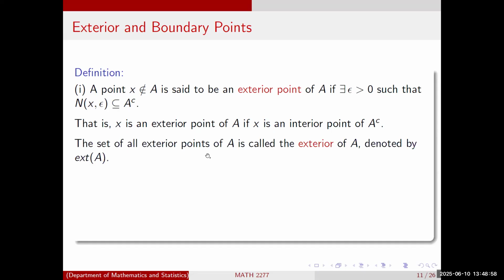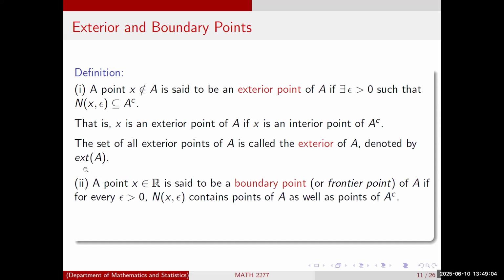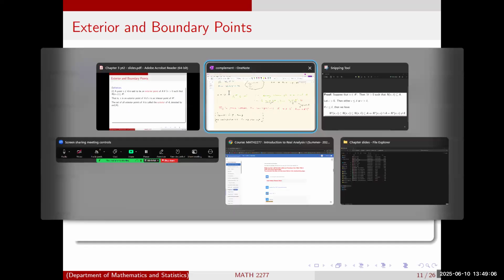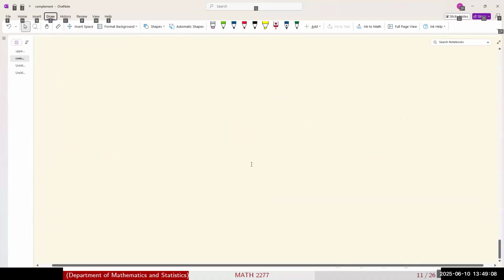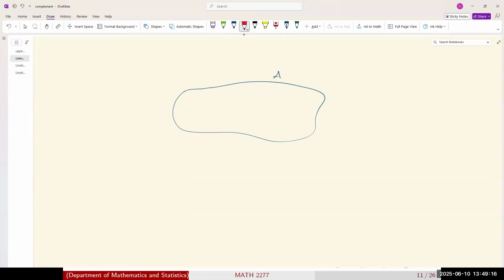And the set of all exterior points of A is called the exterior of A, denoted by EXT of A. Let me give you the picture for that. Again, we have some set A. This is the interior of A.